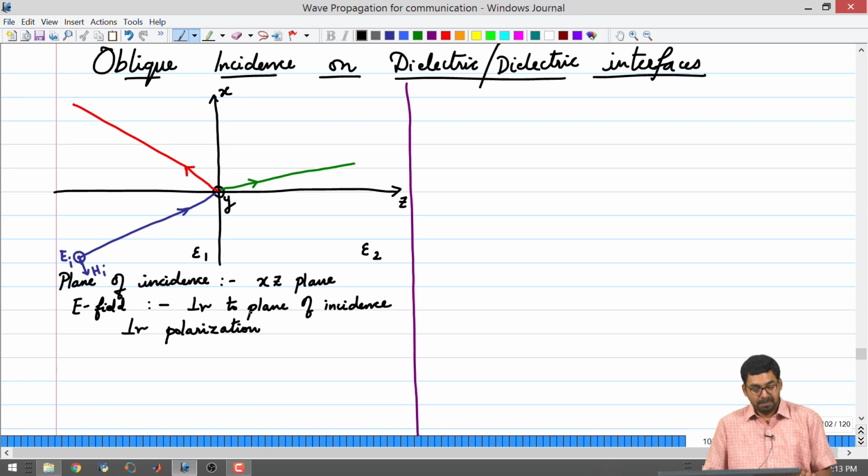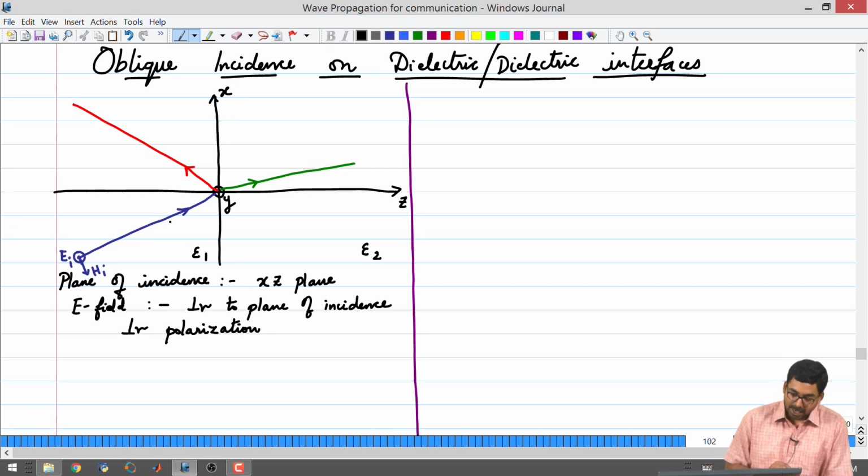Okay. So, given a problem you should be able to identify the plane of incidence, then you should be able to draw an incident wave and clearly indicate what polarization you are considering. So, in this case the electric field is pointing out of this plane of incidence diagram that you have drawn. So, it is perpendicular. So, you can call it as perpendicular polarization. Okay. Now, this forms a right handed triad and the wave is going and hitting the interface.